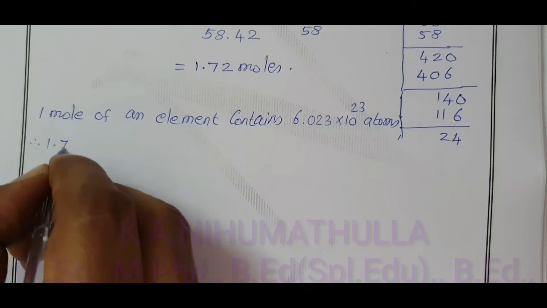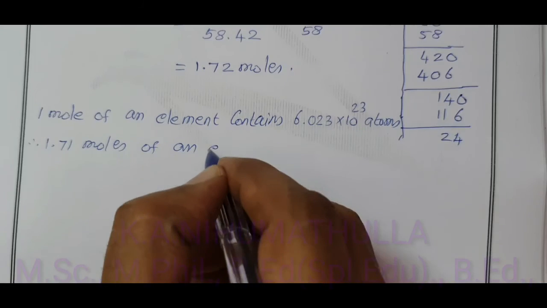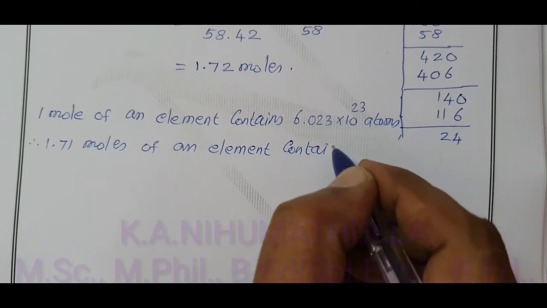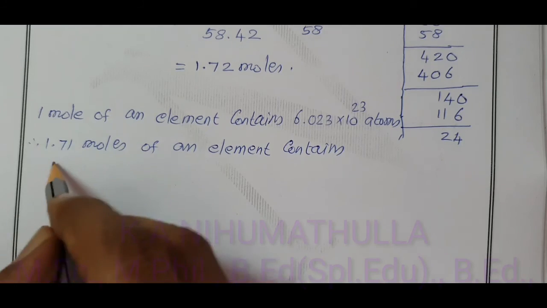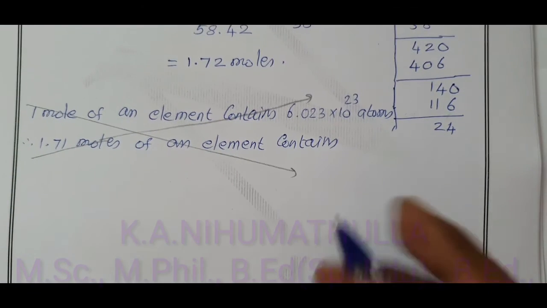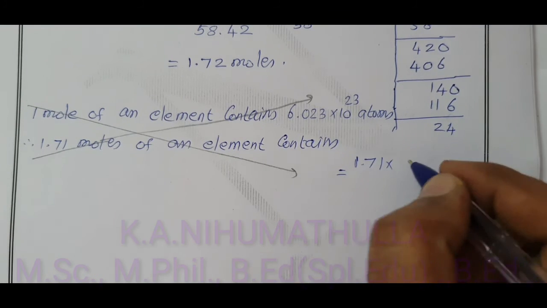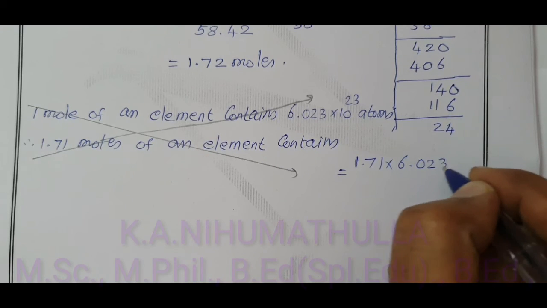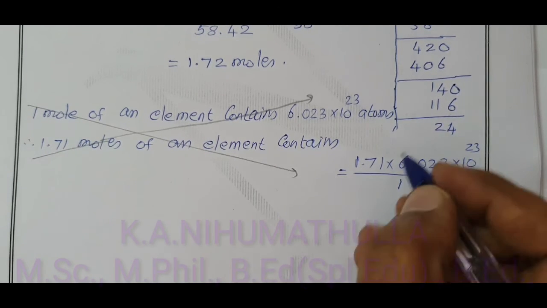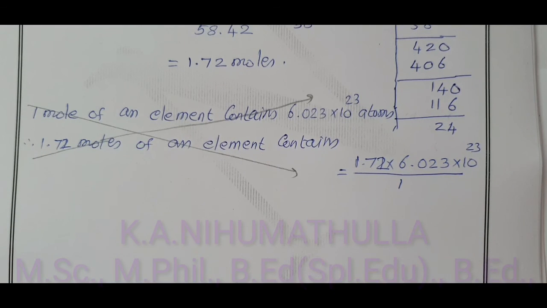Therefore, 1.72 moles of an element contains, how to calculate? Cross multiply these two values divided by the given value. That gives equal to cross multiplication, 1.72 into 6.023 into 10 power 23 divided by given value 1. Correct?